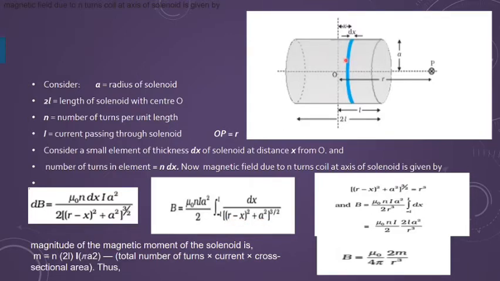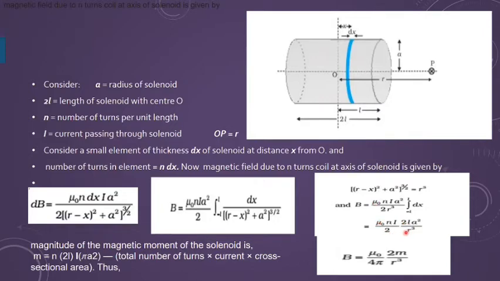X, you can see, is a very small distance in comparison to r. So this whole can be written as r square power 3 by 2, which means r cube. So this r cube I can also take out, and I am left with the integral of dx from minus L to L. When you take the integral of dx, that is x, and when you put upper limit minus lower limit, you get twice L. So I can write twice L, and the rest of the terms remain the same.